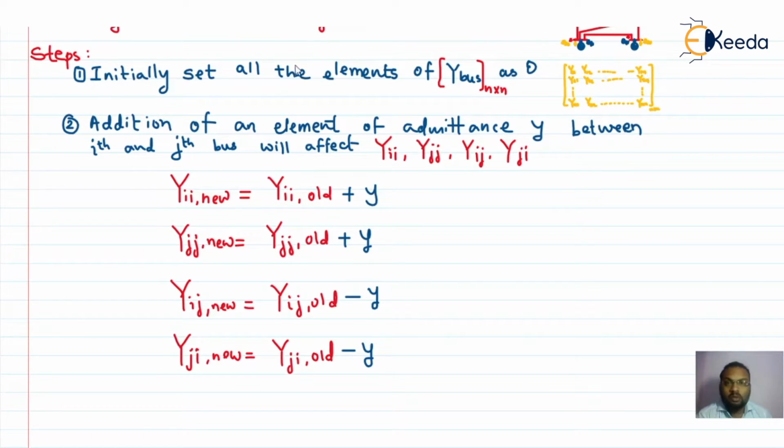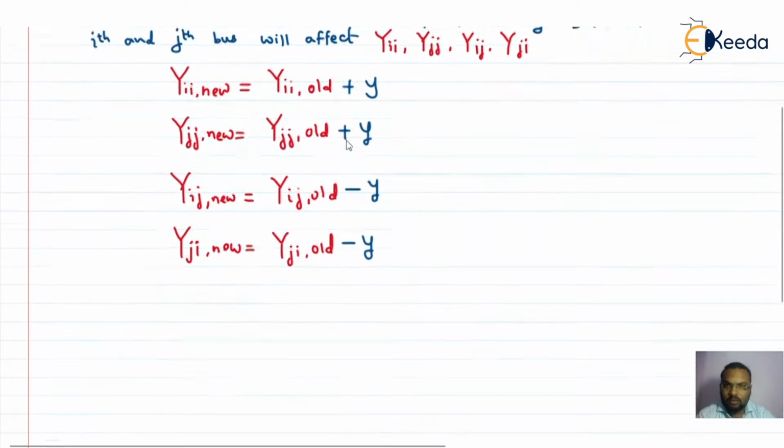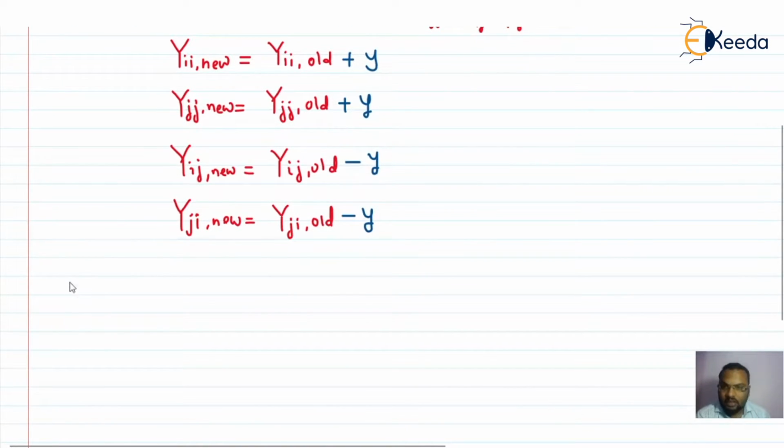Okay, so let us see what happens if I add an element between the bus and the ground. I'll consider that in step number 3.